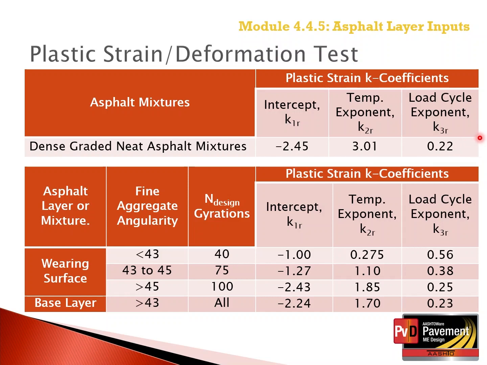These results were used to build their XML asphalt material library files for use in design. So the intercept K1 was found to be a function of the fine aggregate angularity, as well as the number of gyrations for the wearing surface.